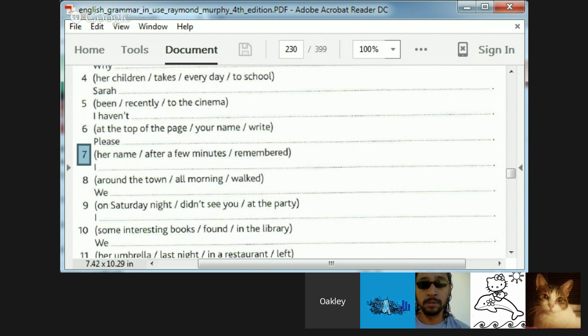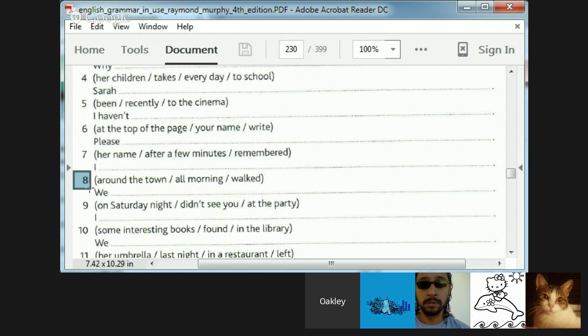Okay, Heidi, back to you, number 7. I remembered her name after a few minutes. Pretty straightforward, what we've been doing all day. And could you put the time phrase first? After a few minutes, I remembered her name.